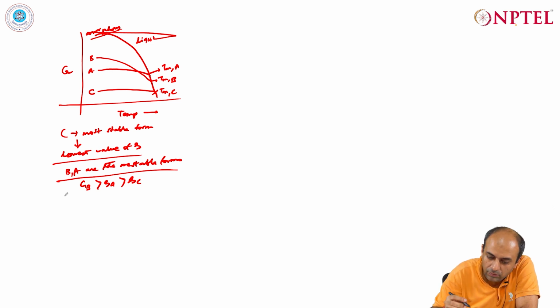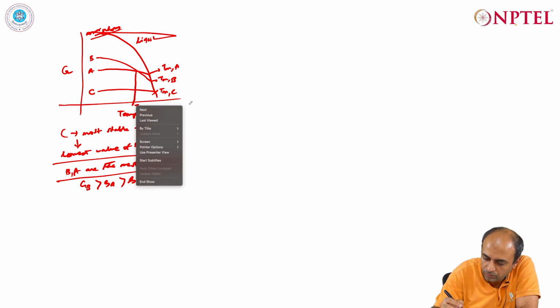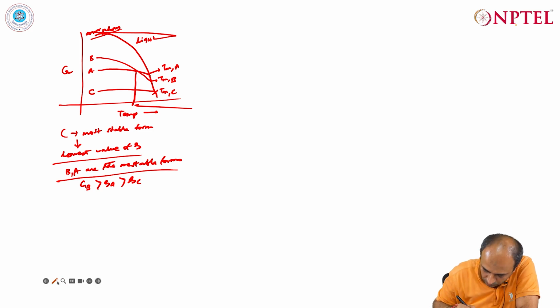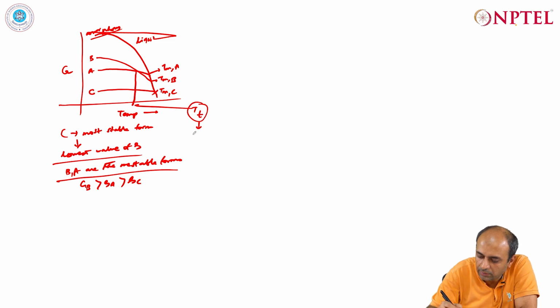And what is this point? This point is called TT. This is called the transition temperature.